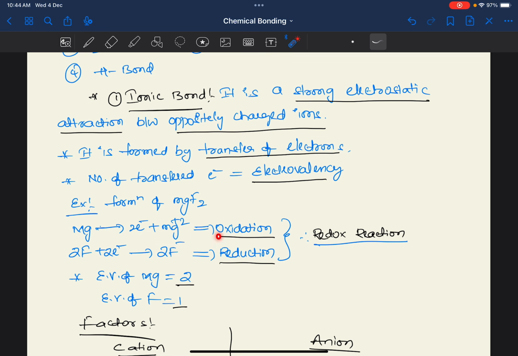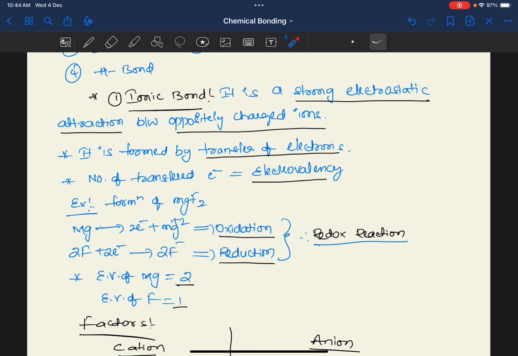Losing electrons is called oxidation. Two fluorine atoms gain the two electrons released from magnesium and change to two fluoride ions. Here gaining of electrons takes place, therefore this is called a reduction reaction.